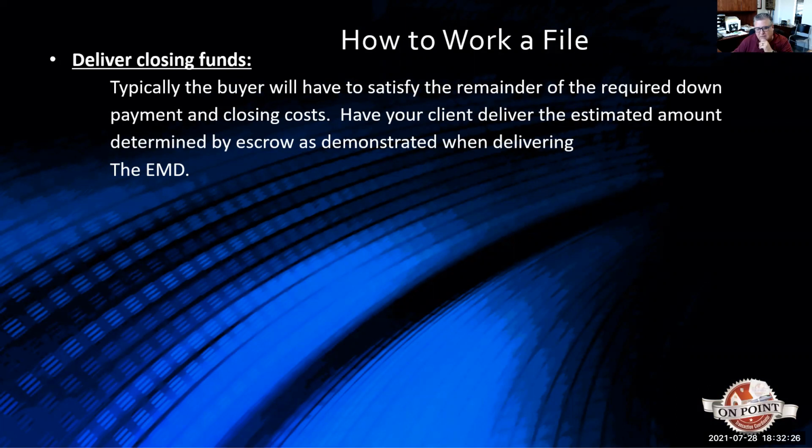So usually you're depositing 5,000. The loan amount comes in. There's always going to be a gap between what the original deposit was and what the loan amount is. Let's say they have to bring in an additional 10,000. Well, typically that's accounted for, so they know they're not putting all that money in at once.